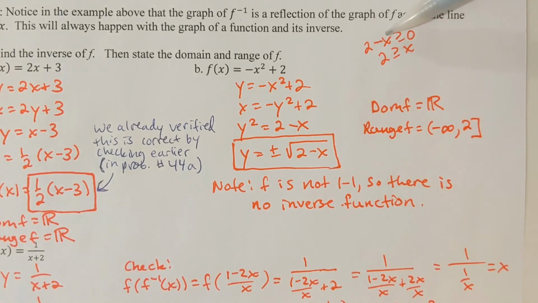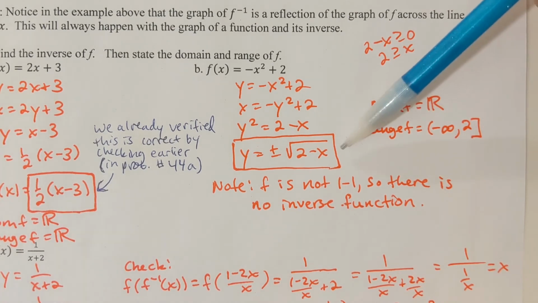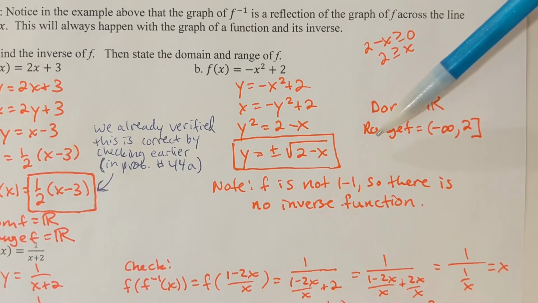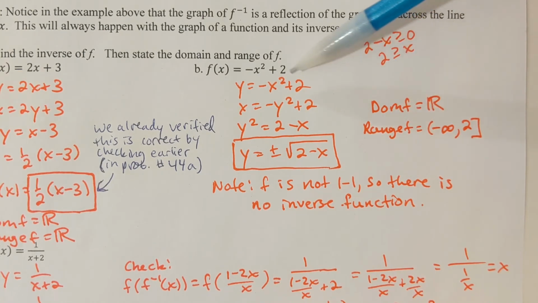So I could set 2 minus x to be greater than or equal to 0, since I don't want that to be a negative, and add x to both sides. It looks like anything that is 2 or less is going to be okay to use, and so that would be the domain of the inverse, which is also going to be the same set of numbers as the range of the original function.